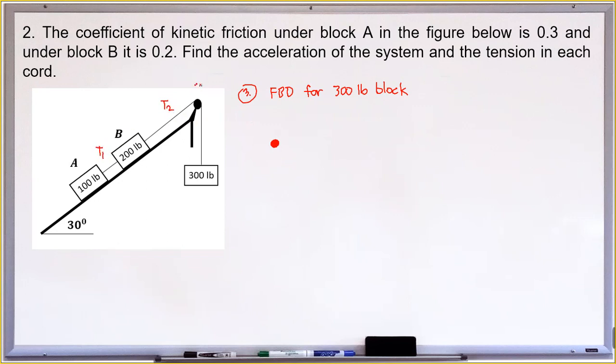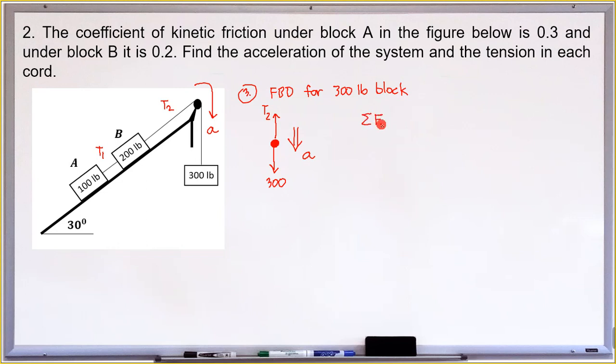So the direction of motion for the 300 pound is downward. So the downward force is only one, which is the weight, so 300. And then there's a tension in the second rope. Okay? So the direction of motion is downward. The acceleration is downward.